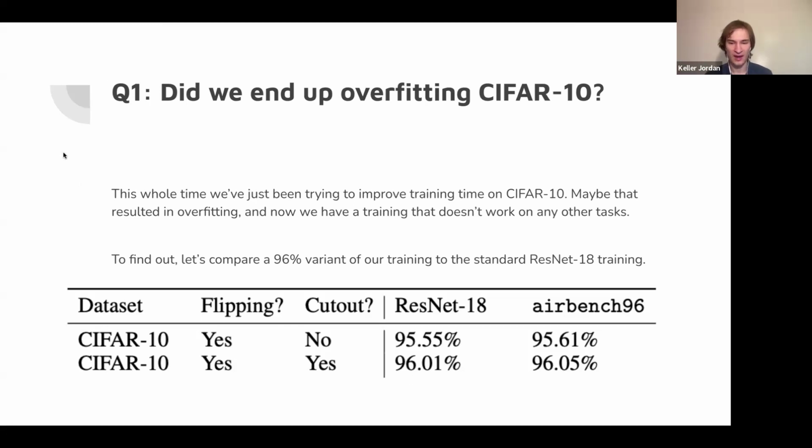That scaled up training takes about 40 seconds and gets about the same level of accuracy as a ResNet-18 training on CIFAR-10, which takes between 4 and 7 minutes or longer, depending on a lot of things. With cutout, they both get about 96%. Without cutout, they get about 95.5 to 95.6.